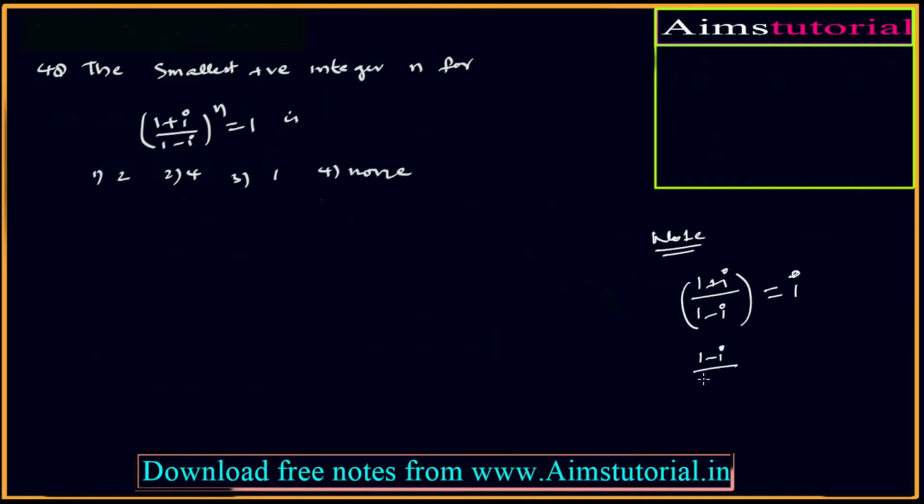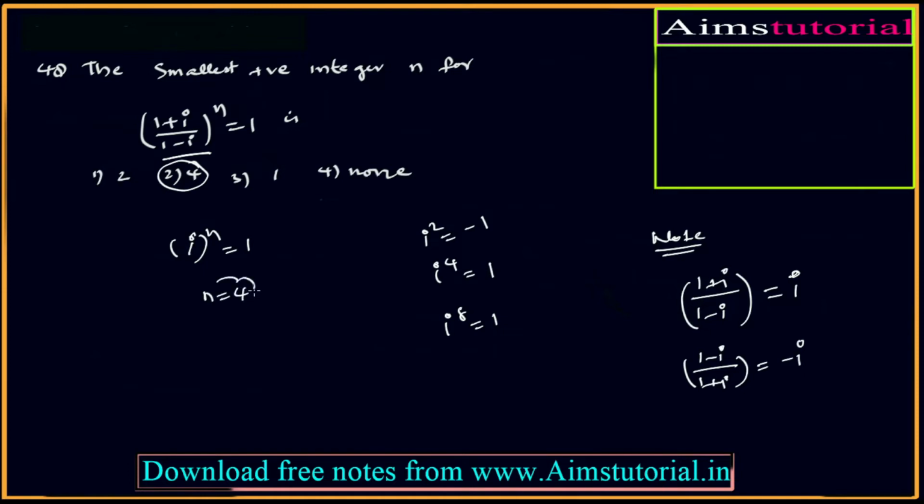Similarly 1 minus I by 1 plus I, if you rationalize, you will get minus I. So in the place of 1 plus I by 1 minus I, if you write I whole power n equals 1, we know that I square equals minus 1, I power 4 equals plus 1, and I power 8 equals plus 1. Therefore the least positive integer n is 4, second option. So n equals 4.